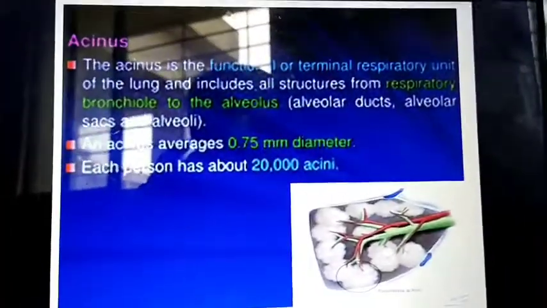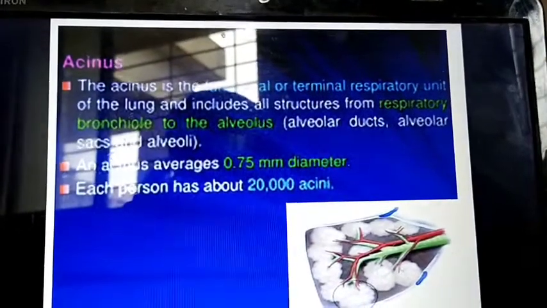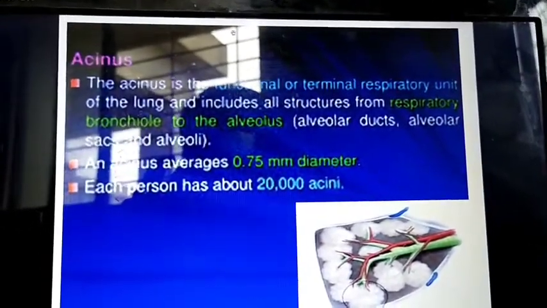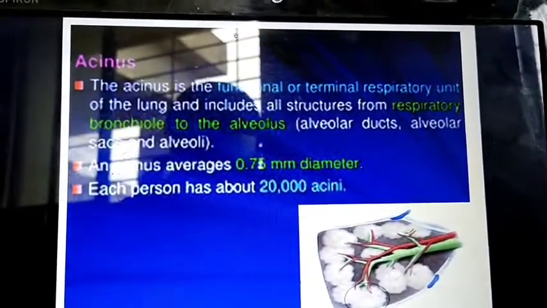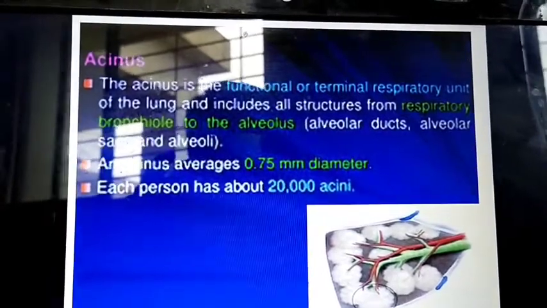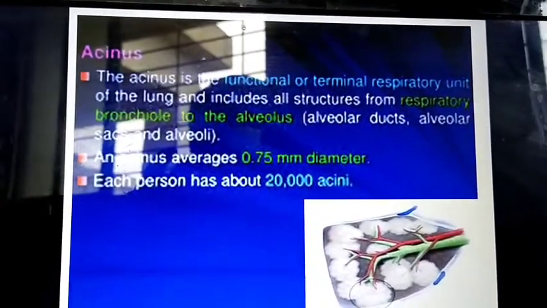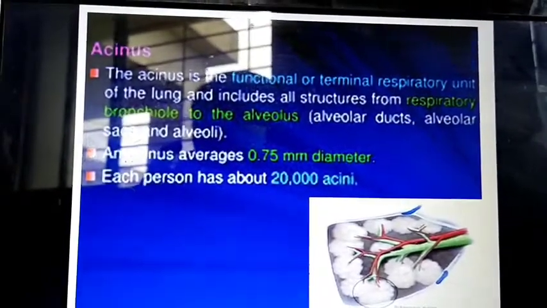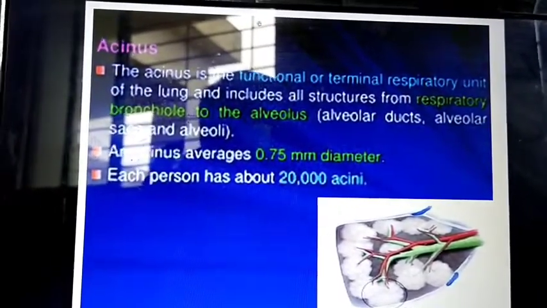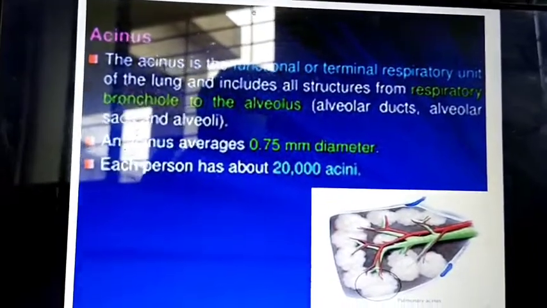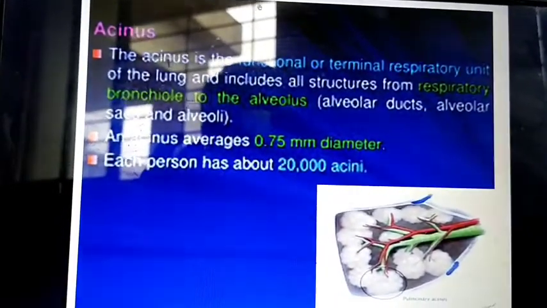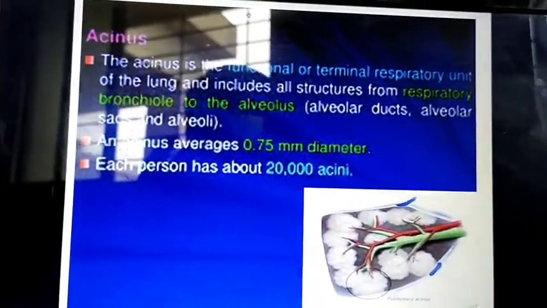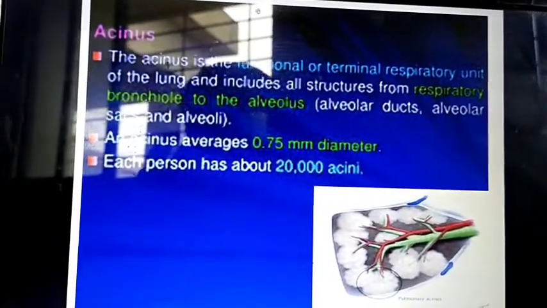Now we can go for the acinus. The acinus is the functional or terminal respiratory unit of the lung that includes all the structures from the respiratory bronchioles to the alveolus. In that, the alveolar duct, alveolar sac and alveoli are present. The acinus is on average 0.75 mm in diameter.